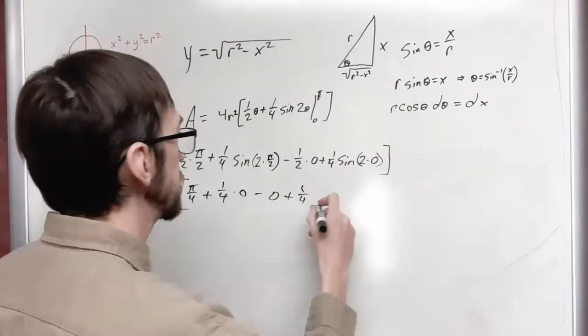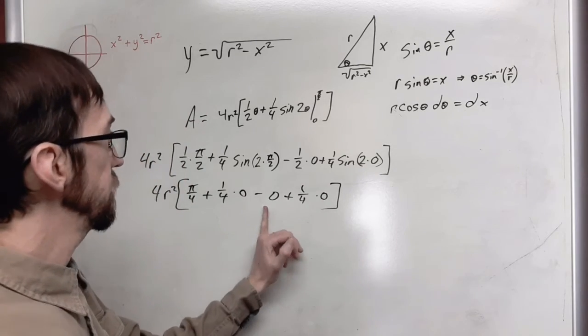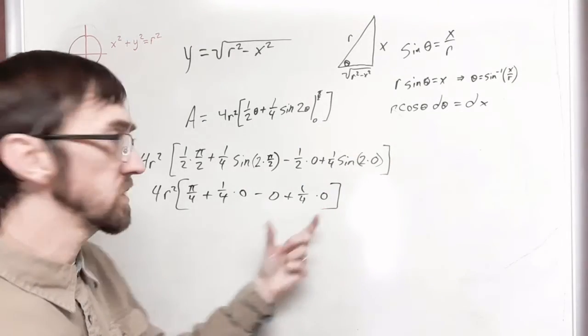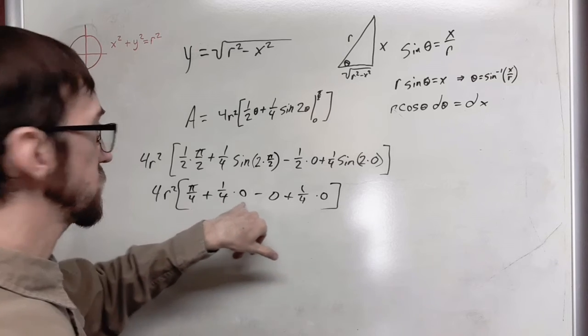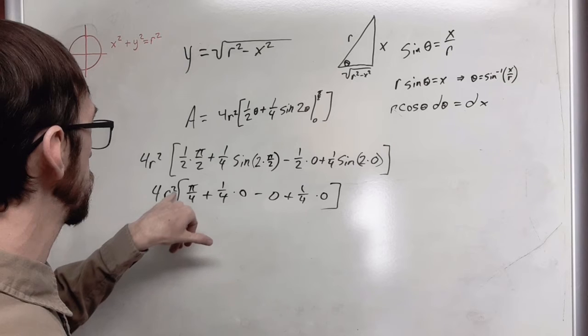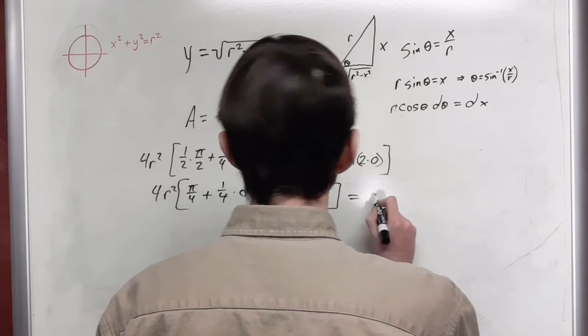Sine of 0 is 0. So effectively, this whole part that's being subtracted out is going to 0, so we're looking at just this first part. 1/4 times 0 is 0, so we're really looking at 4r squared times the pi fourths.